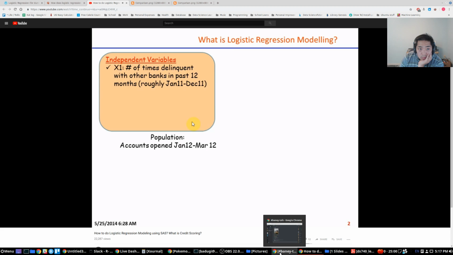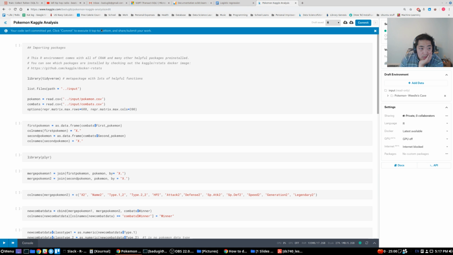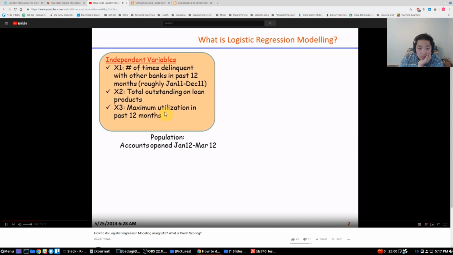You also have total outstanding on loan products at the time of account opening, and maximum utilization in the past 12 months at the time of account opening.